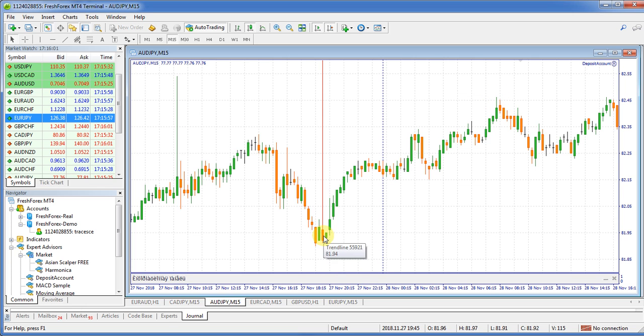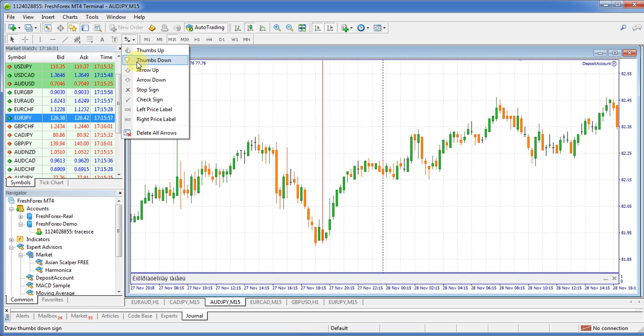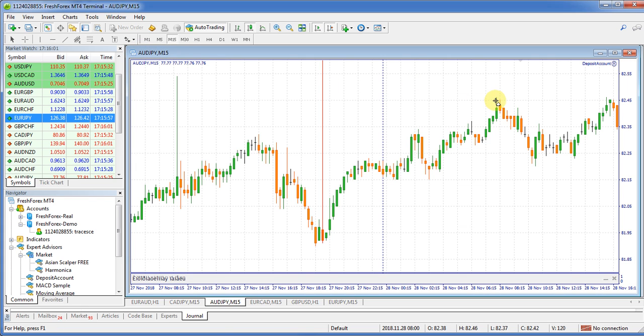Then sometimes we will need to analyze the trend using these two points. I'm trying to put something here. Okay, fine, from this point to this point. Okay, fine, we can start to analyze it.